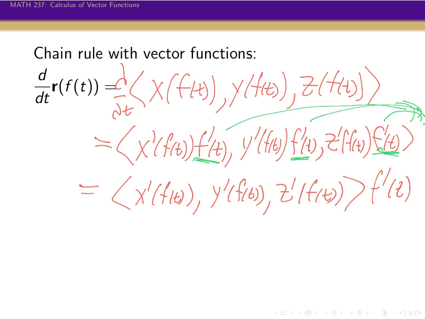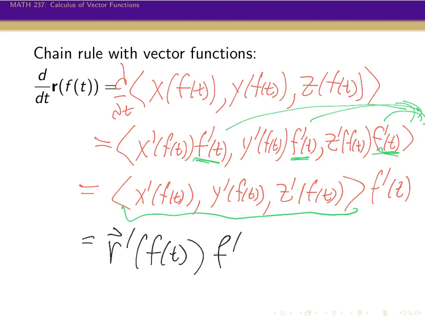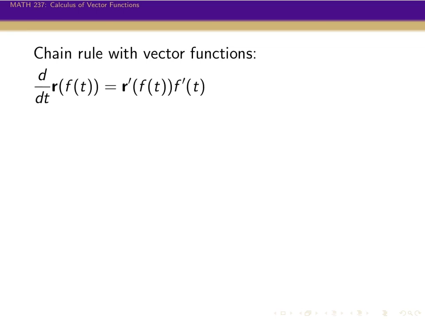And then, taking a look at this, the components are really x prime with f plugged in, y prime with f plugged in, z prime with f plugged in. And so this is just the derivative of r with f plugged in times f prime of t. So this looks like the chain rule that we know and love. Same as the old chain rule.